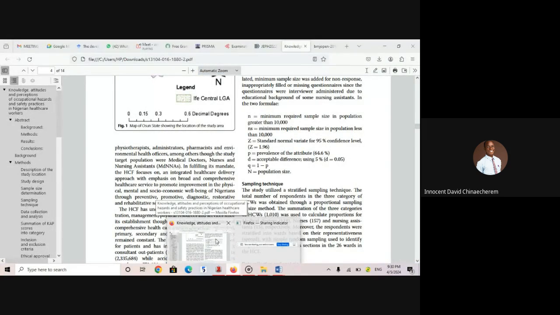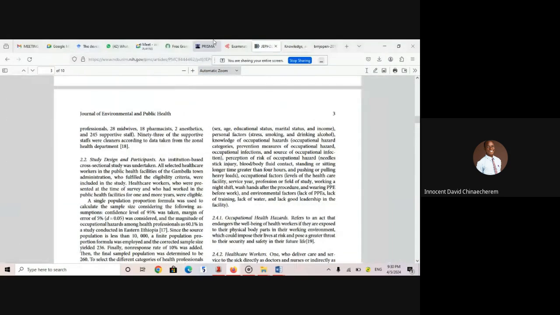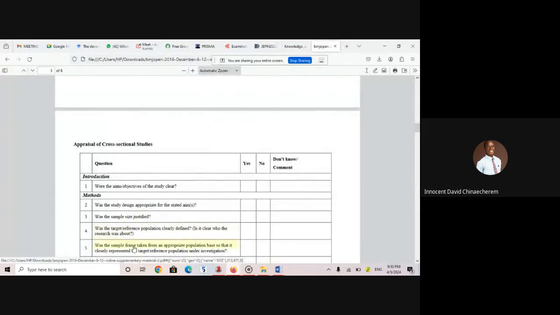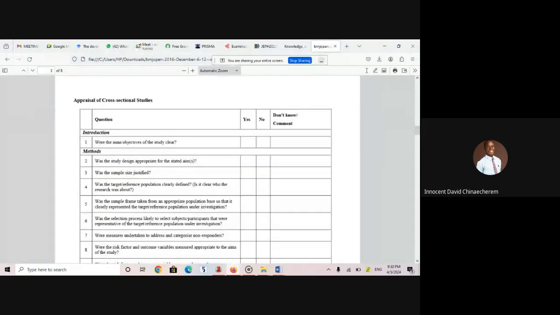So I'm going to move on to the next checklist item: was the sample taken from an appropriate population base so that it closely represented the population? What this implies is that most times when we want to draw our sample, we draw it from a total population, right?